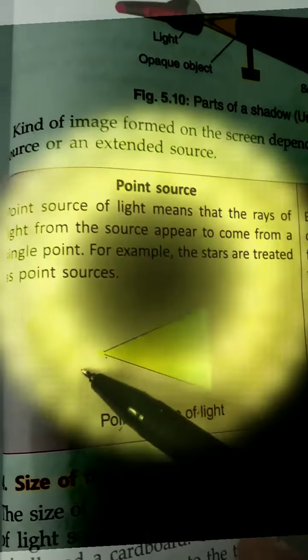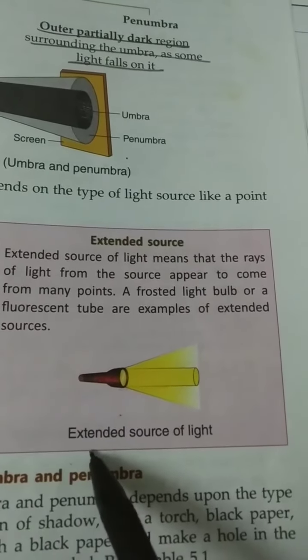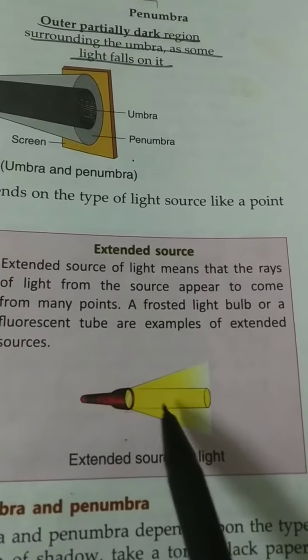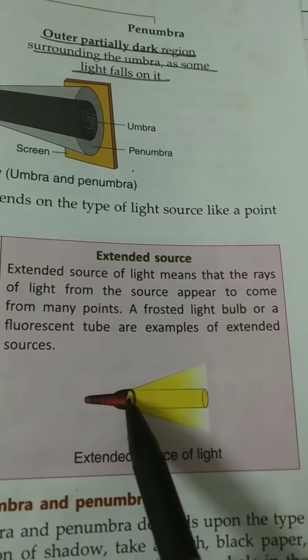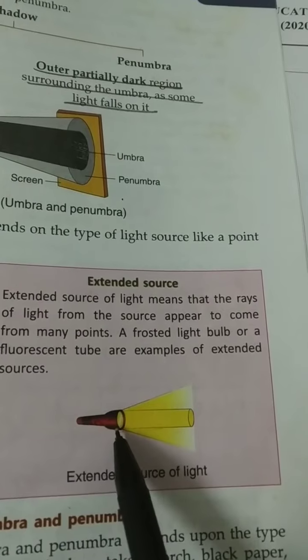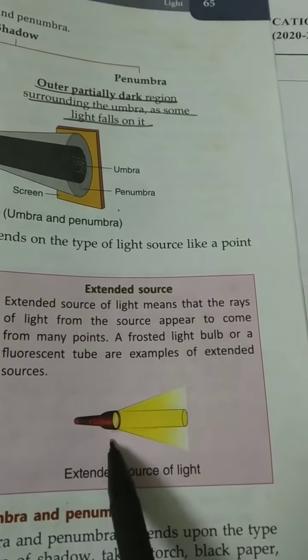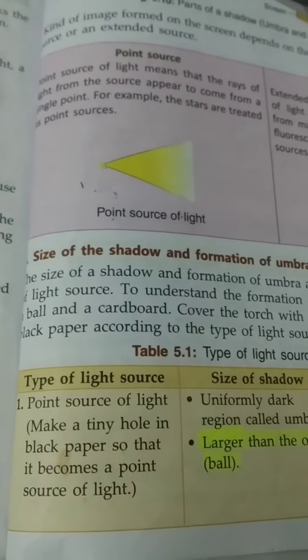For example, the stars in the sky are treated as point sources. Extended source of light means the rays of light from the source appear to come from many points. Frosted light bulb or fluorescent tube are examples of extended light sources.